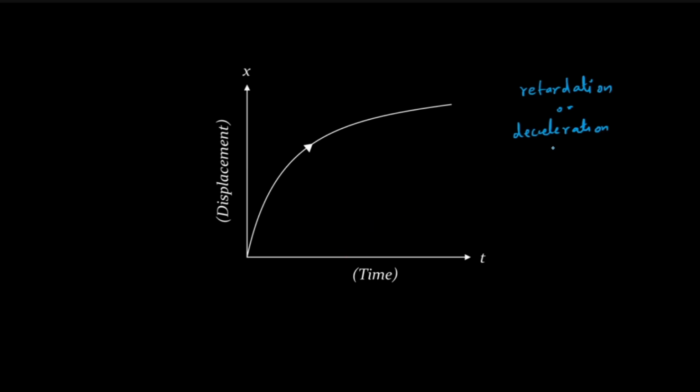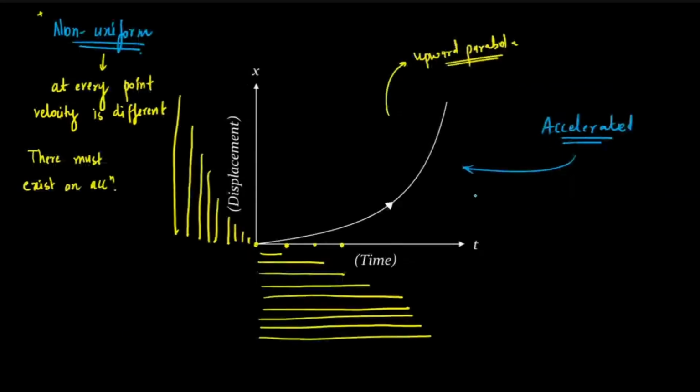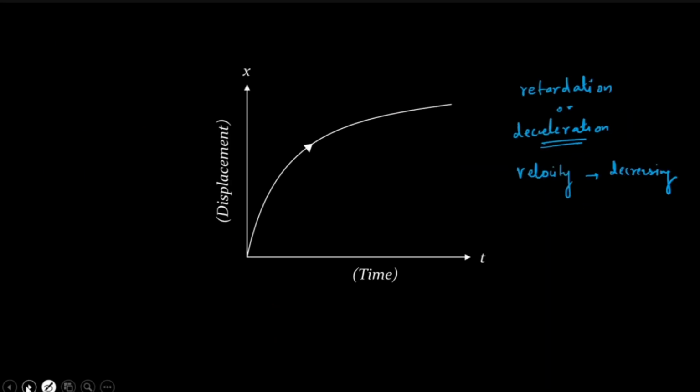So this shows that the driver must have applied brakes, and it was initially moving with variable velocity, so velocity must be decreasing. So this graph shows that velocity is decreasing, whereas the previous graph shows that the velocity is increasing. So these are the few things that you can pick from this displacement time graph. Is it clear?